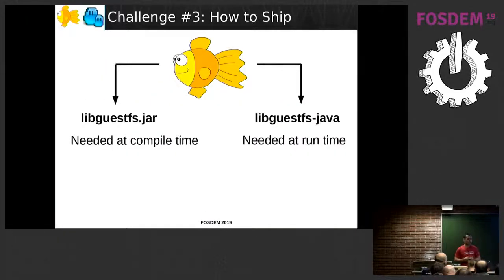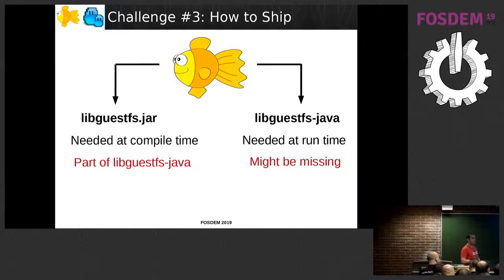And now about shipment. Usually, in muCommander, we take the Java clients that are provided by other projects and integrate them into muCommander. In libguestfs, there is no Java client. There is a Java binding that includes also the Java products that we need at compilation time. This raises two difficulties.